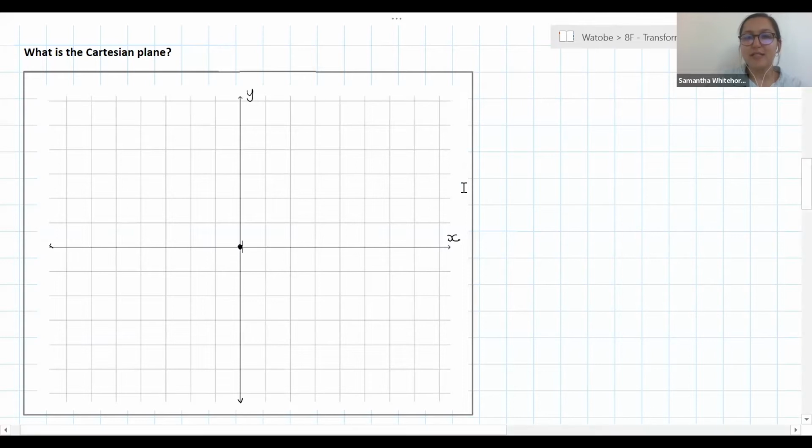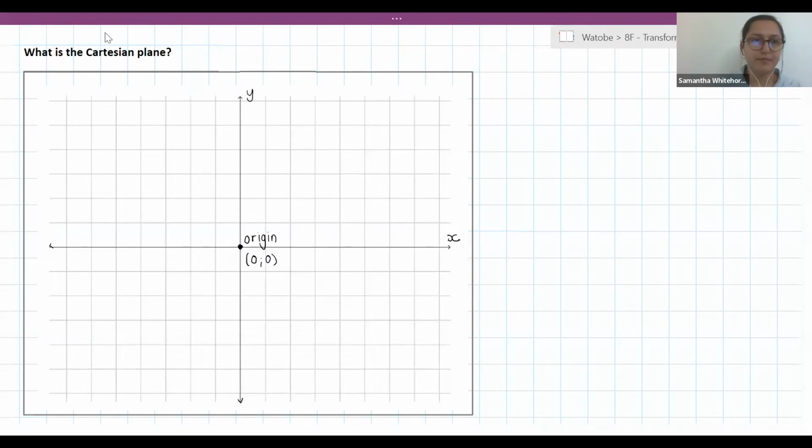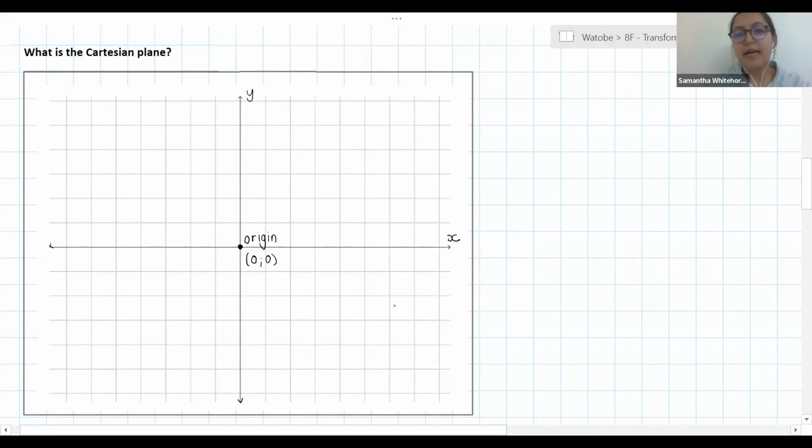Okay, guys. So this point is the point at 0. It's 0 on both the x and the y axis. Now, what we actually call this point is the origin. So whenever I refer to the origin, I'm talking about this point here, and it has a coordinate 0, 0. Now, I've just written this coordinate down, but let's actually understand what that means. A coordinate is made up of two values, an x and a y value.